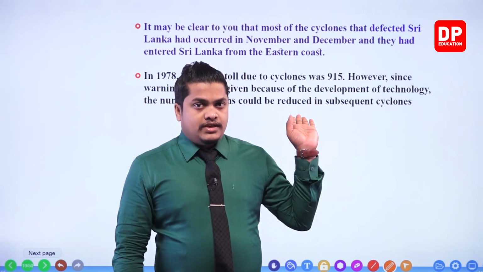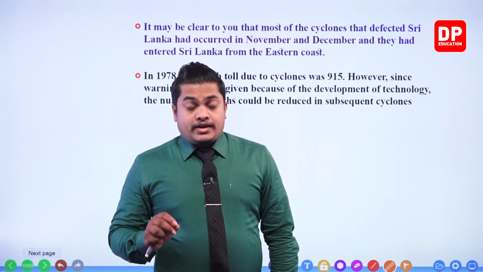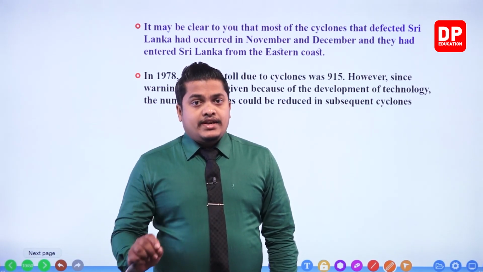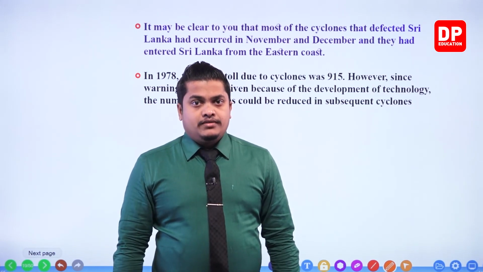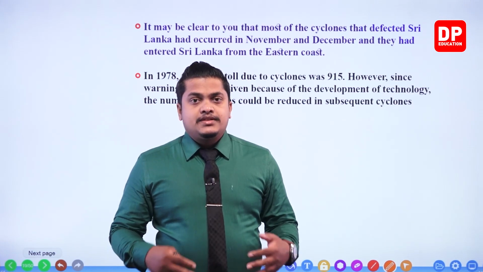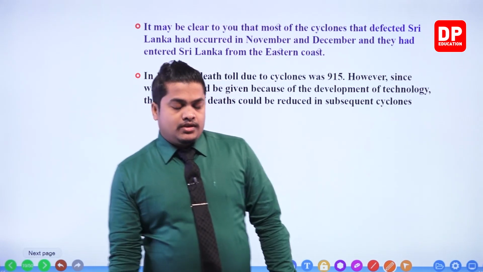So here it is also given that in 1964, right, the death count was around 915, but when you come to modern, recent years, the death count keeps getting reduced. Okay, right.